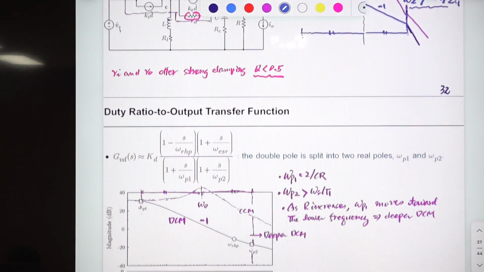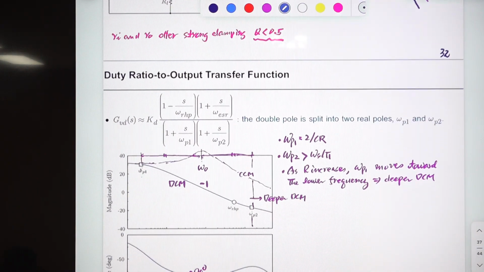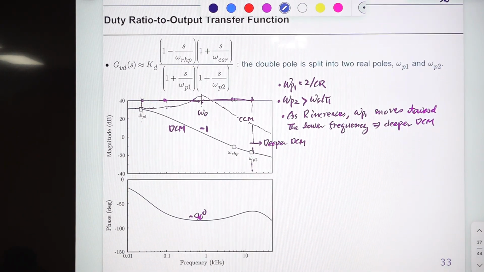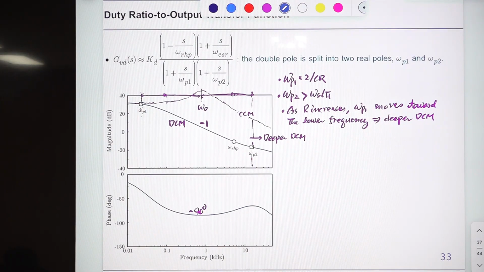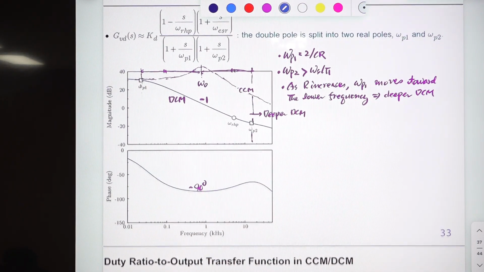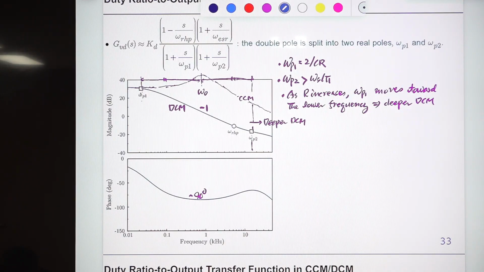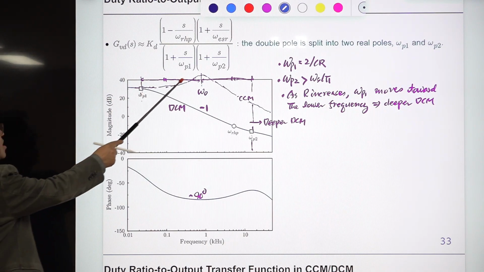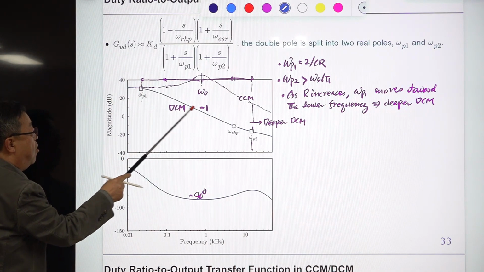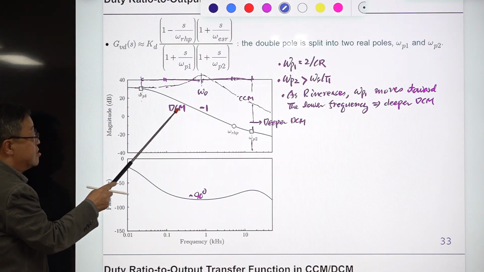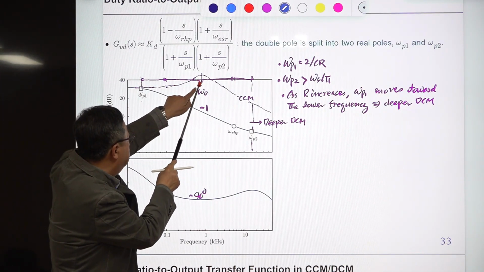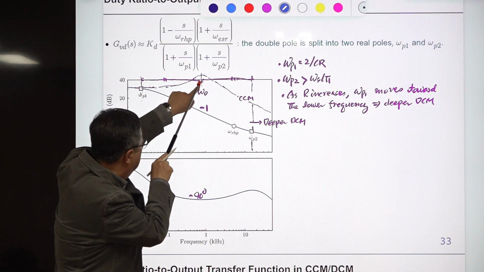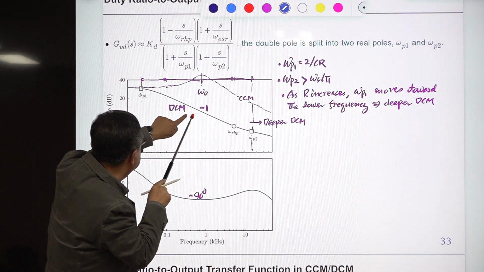I did some small signal simulation, I think using PSpice. This one is a case of CCM and this is the case of DCM. So the double pole in CCM is split into two poles in DCM.